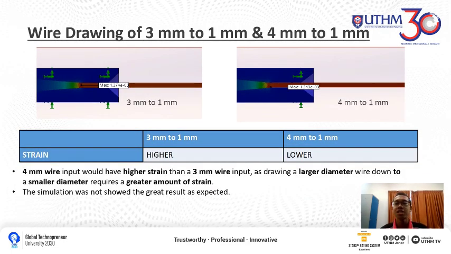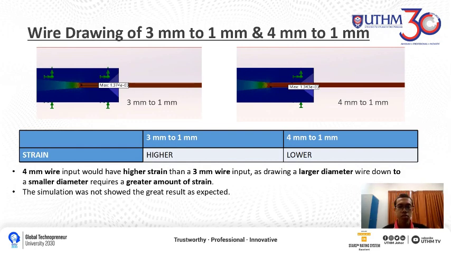The next part is wire drawing of 3mm and 4mm wire, but in the strain result. For the 3mm wire, the strain is 1.304, and for the 4mm wire we get 1.343. So this 3mm has a higher strain than the 4mm wire.